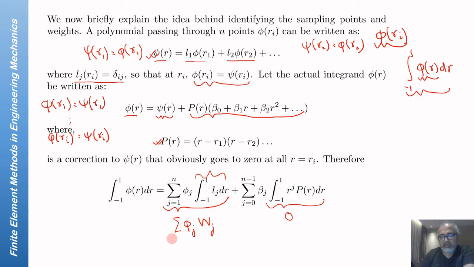So the sum over j equal to 1 to n of phi j wj will be true when this integral is exactly equal to 0. So that's what we try to impose.